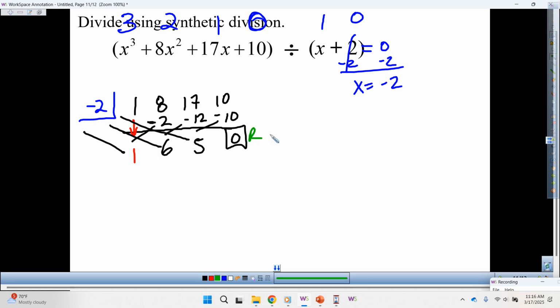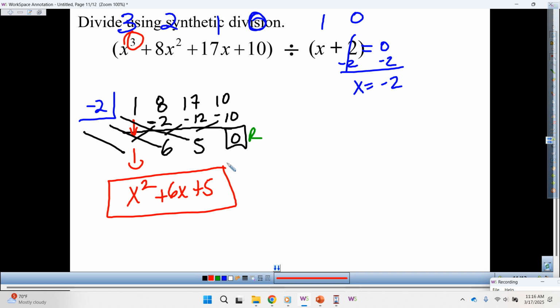Therefore, what is our answer? Well, if we started with a cubic, this is a squared. That means it loses a degree. That means this is x squared plus 6x plus 5, and we are done. If you got that by yourself, you should have.